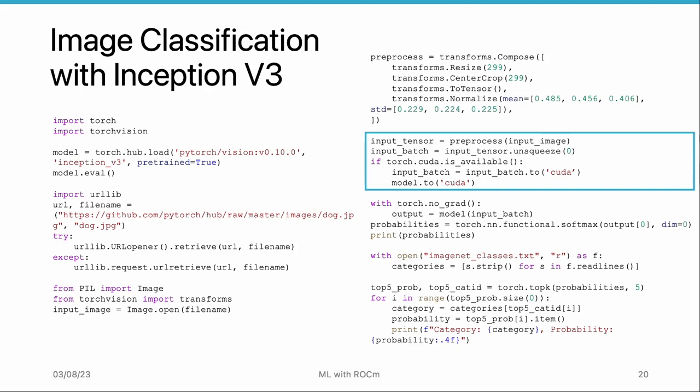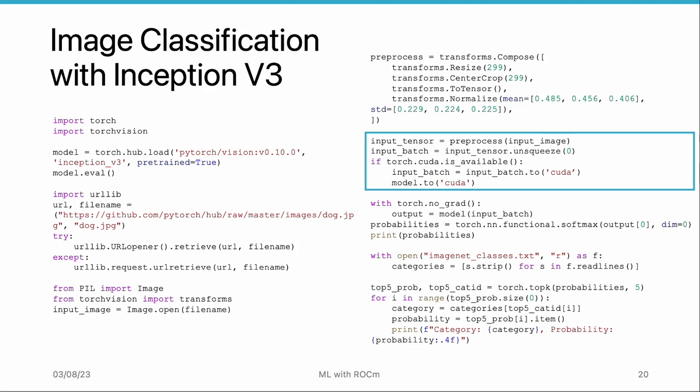To utilize the GPU for faster computation, we check if a GPU device is available by using the torch.cuda.is_available function. If a GPU is available, we move both the input batch and the model to the GPU device using the .to('cuda') function.